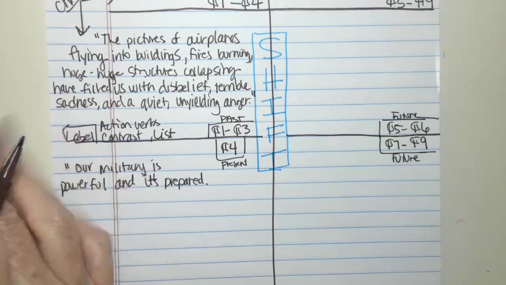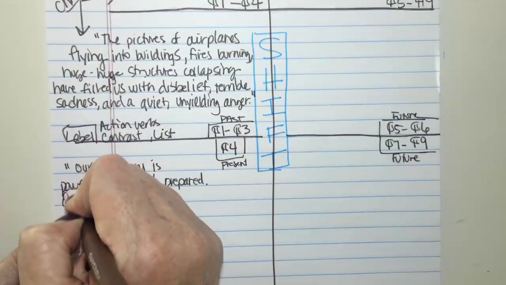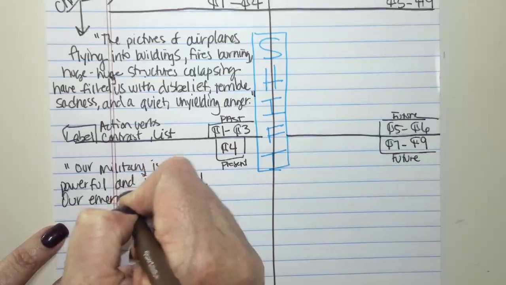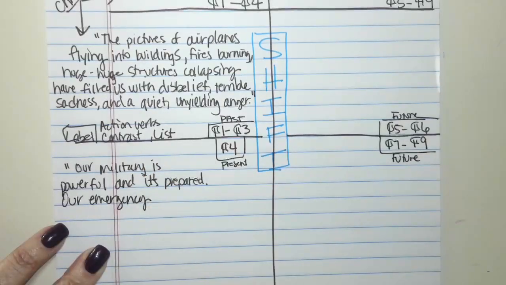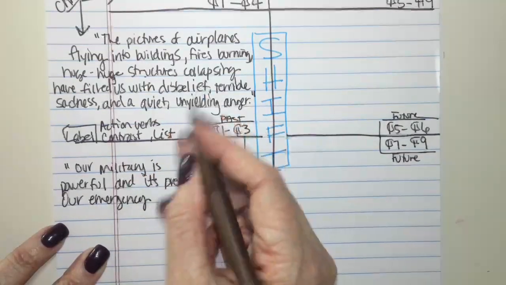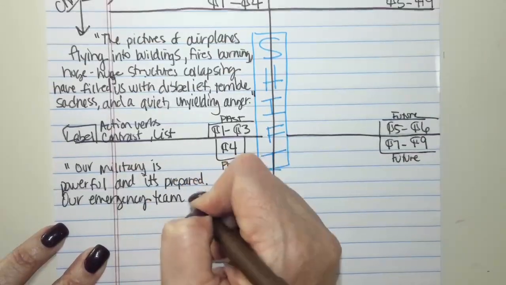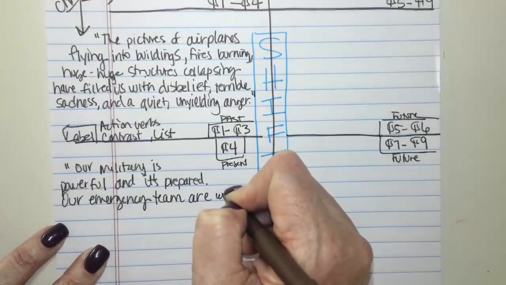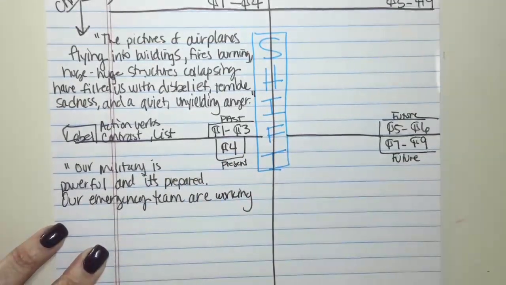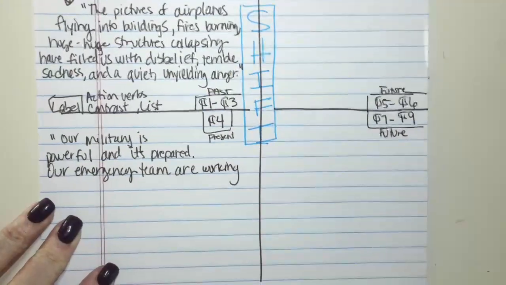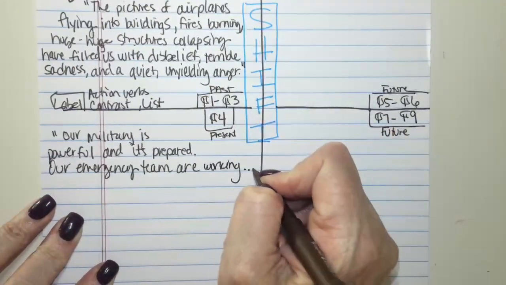I want to keep going, so I would do our emergency teams, and I'm really looking at the verbs that they're doing, right? Like emergency teams are working. Now, we use ellipses sparingly in here.